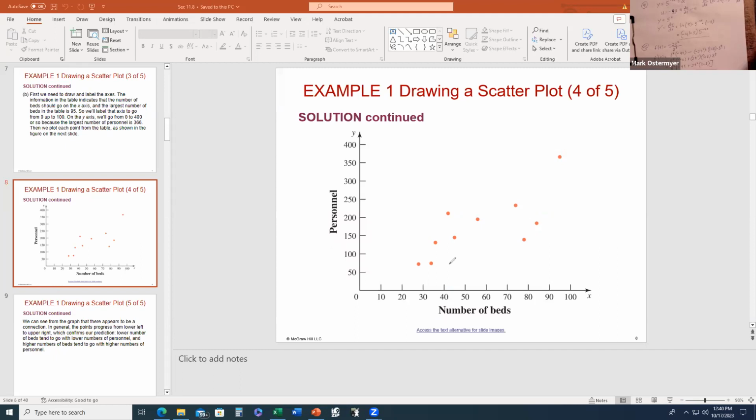Because of that, there is a direct correlation between the number of beds versus the number of employees, but it doesn't look extremely strong, because these points don't all hug very closely to a line or lie on a line. They're a little dispersed here. So yes, there is a direct correlation between X and Y, but it does not appear to be very strong. Well, how strong is it?